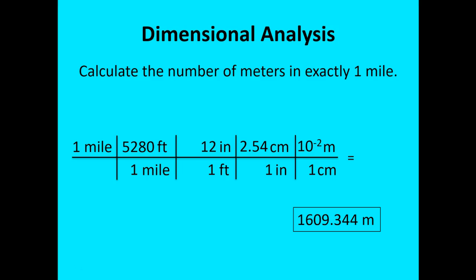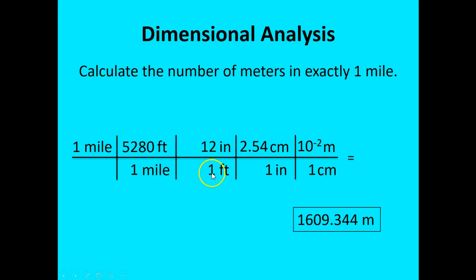Why are you reporting that answer to 7 significant figures? The reason is because every single thing here is an exact number. You'll recall we talked about the difference between exact and inexact numbers. Well, I said we're starting with exactly 1 mile, so I'm defining that in the problem as being exact. Because this is a definition, feet per mile, these are exact numbers with infinite sig figs.